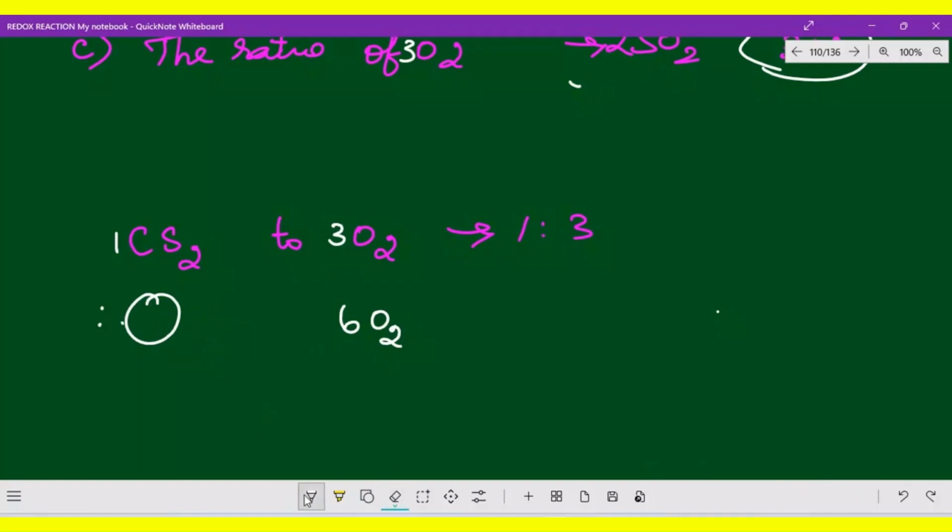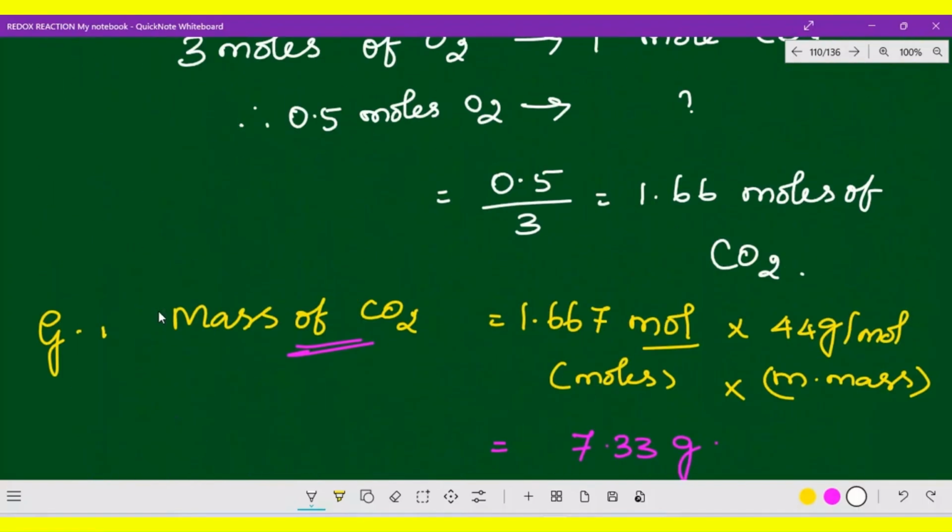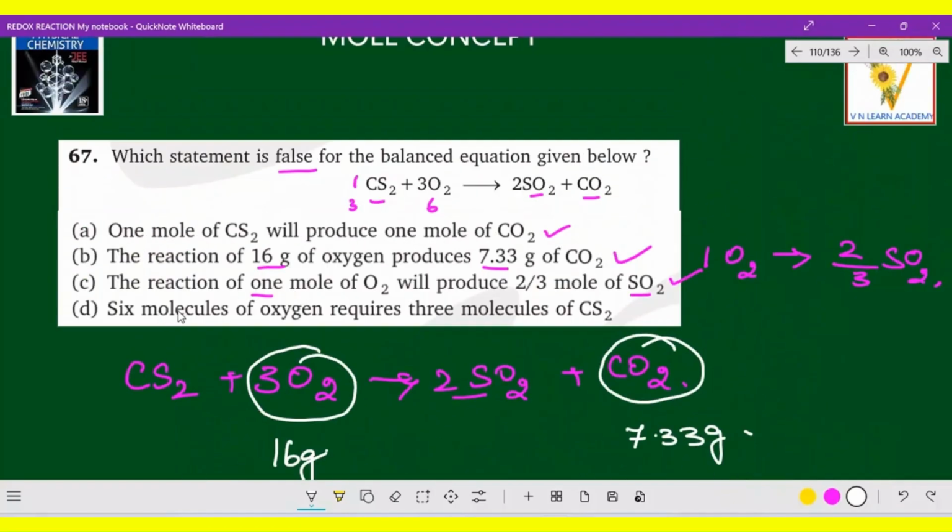So this is the question. How much is required? 1:3 means 6/3, so that means 2 moles. In the question, 6 moles of oxygen require 3 moles of carbon disulfide. How is it possible?